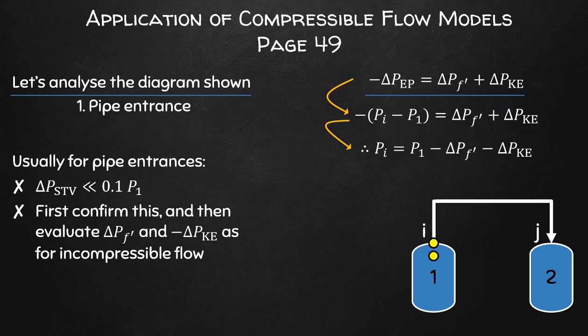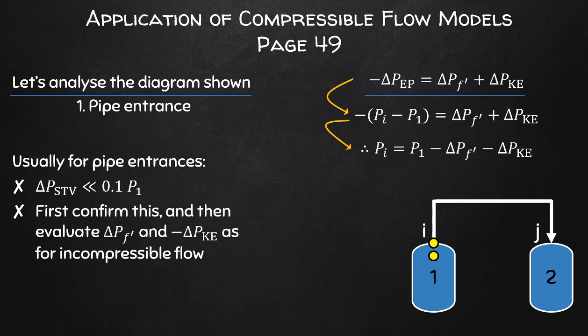So confirm that the subtotal variable is now less than 10% of P1, which is usually the case in this instance, and then you can compute delta P_f' and delta P_KE for a compressible flow. Now delta P_KE has to do with the fact that there's no flow in the tank 1, and then there is flow through the pipe, and so we can use the resistance coefficients accordingly to determine these two frictional losses.